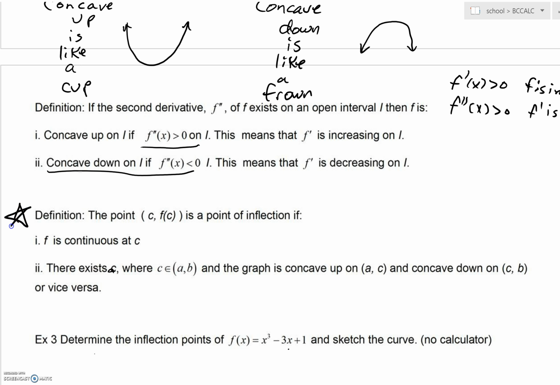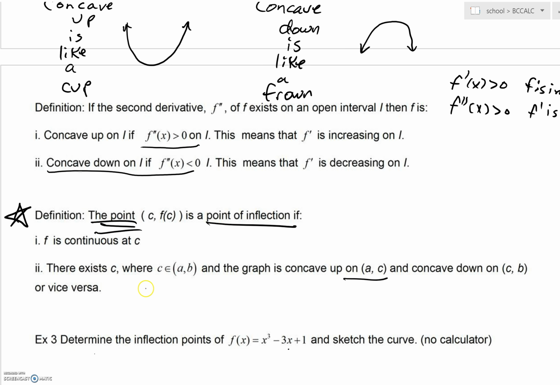Here's something super important. The point, meaning you need an x and a y coordinate, c comma f of c, is a point of inflection when you meet these criteria. F is continuous at a particular x value, but there exists a c value, an x value, where the graph is concave up on an interval from a to c and then concave down from c to b, or vice versa.